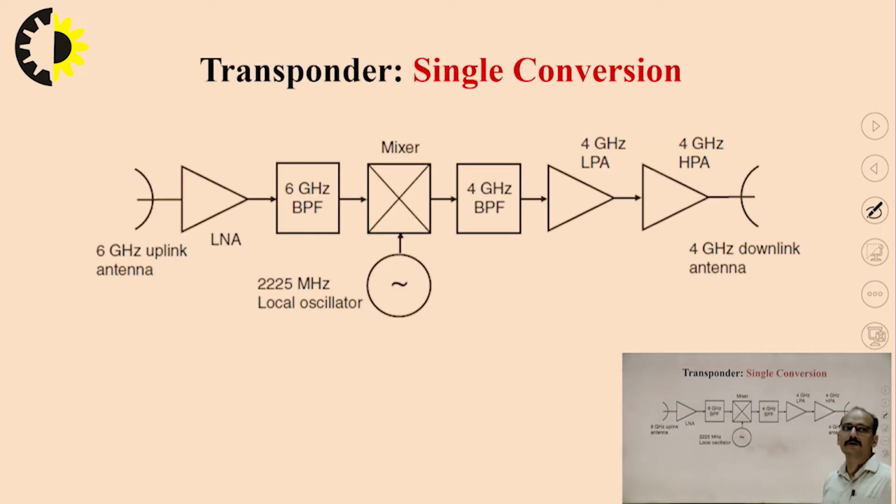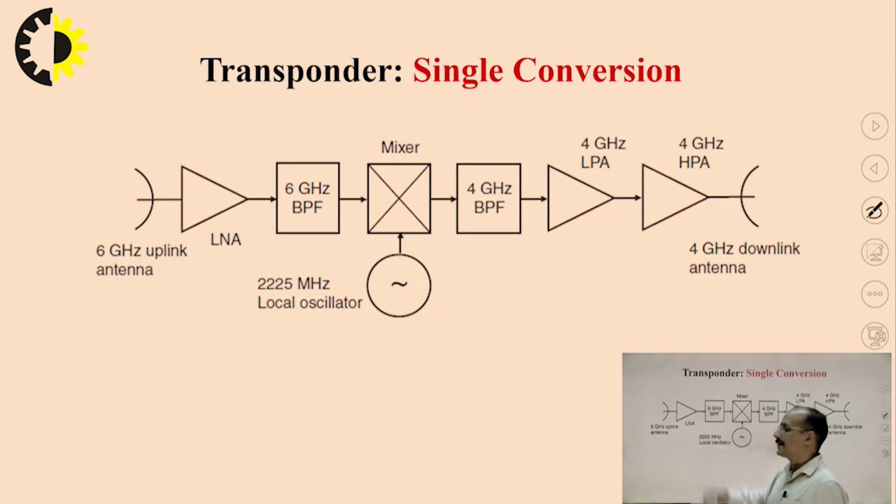Now about the construction of a single conversion bent pipe type transponder. Here you can see that the antenna is the same on both sides. Maybe there is a single antenna being used in duplexing mode. Actually 6 gigahertz is the uplink frequency. On this uplink frequency, the data will be collected by the transponder.